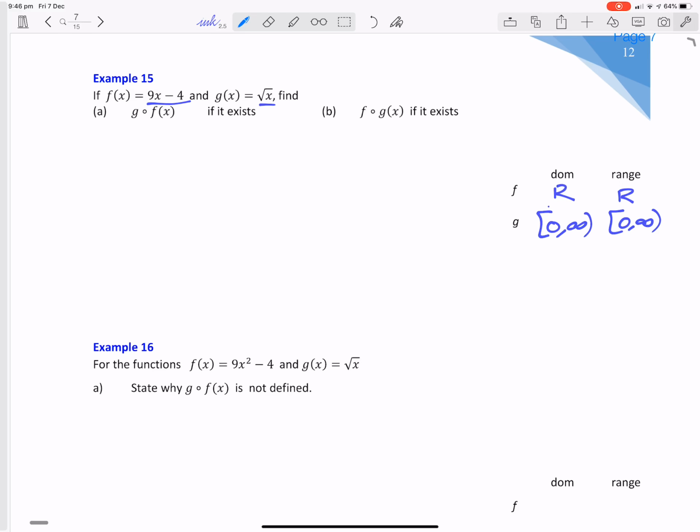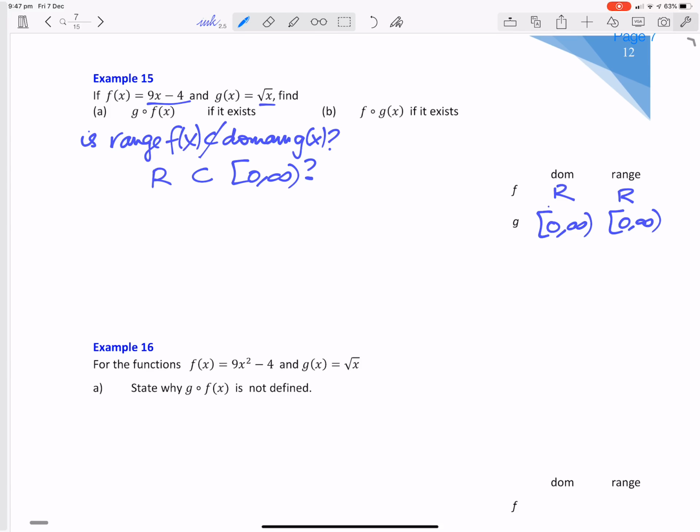If I want to find g of f of x, we've got to see is the range of f of x a subset of the domain of g of x. Oh, so I forgot the g of x. Okay, so the range of f of x is all reals. Is that a subset of 0 to infinity?